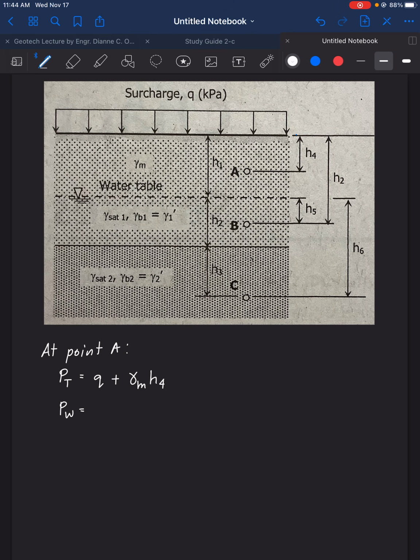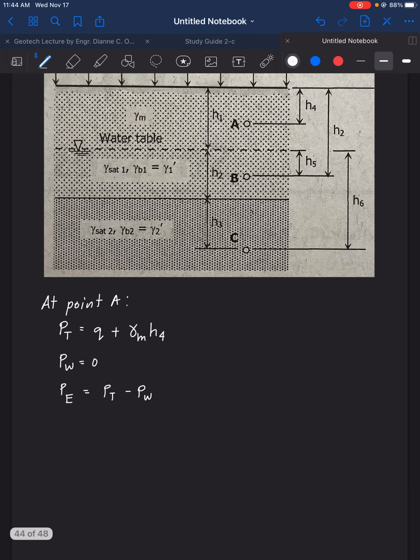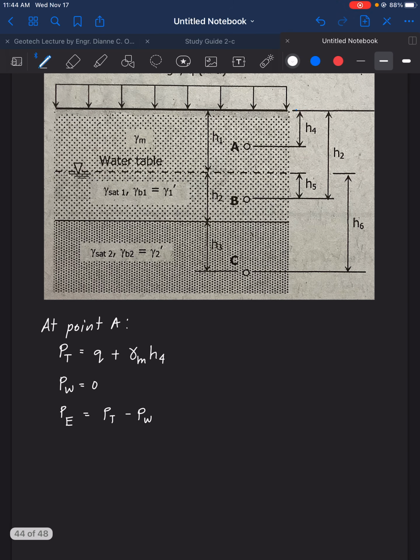So the PW here is 0. Effective stress, P sub E, is equal to P total minus PW. Okay? Or, so that is P effective is P total minus PW. Okay? Next, let's solve for point B.